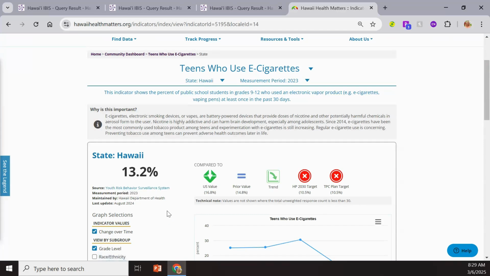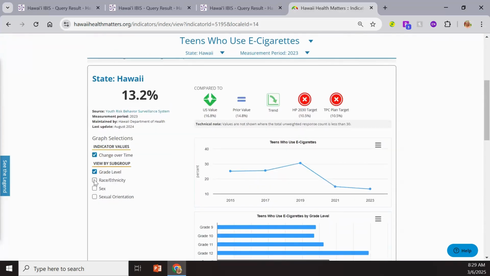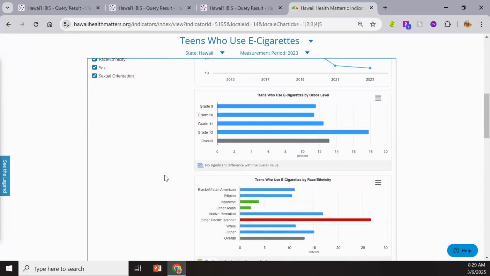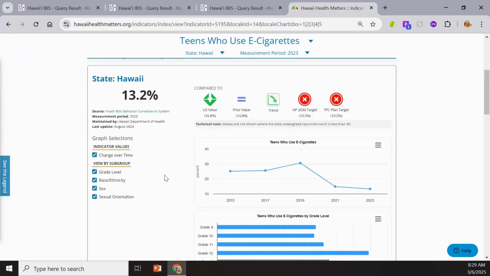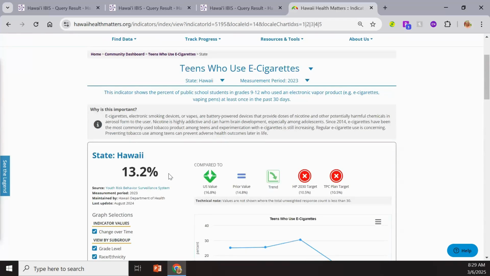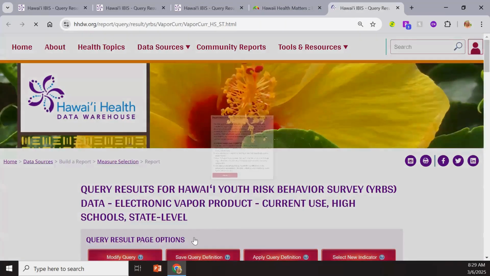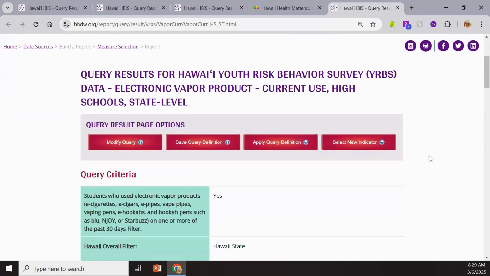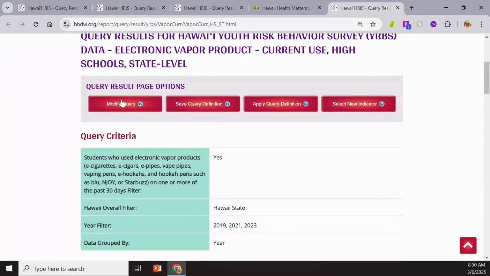So if you've got this information on teens who use e-cigarettes, you can see it by some breakout groups. But say you want to explore it a little further, you can click here and this will take you automatically to this indicator in HHDW. So you can go ahead and modify your query and explore your data more in depth.